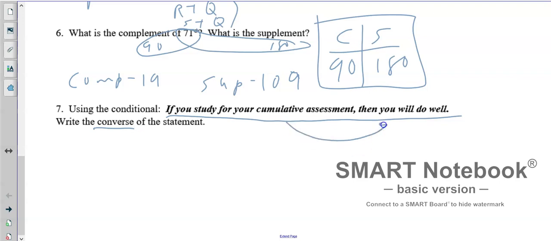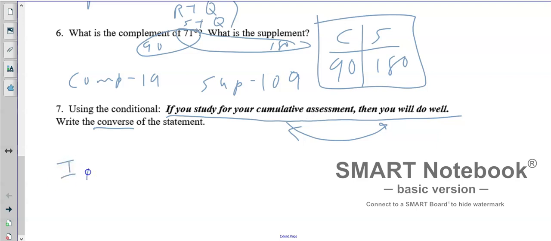The converse is very easy. The converse is where you're just going to switch them. Now remember, sometimes it's awkward. If you do well on the test, then you study. That doesn't sound right. So you might have to change tense.